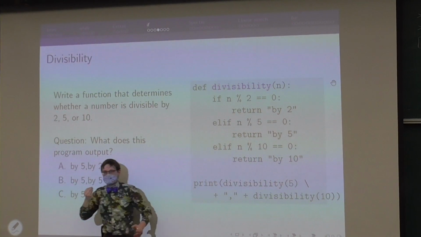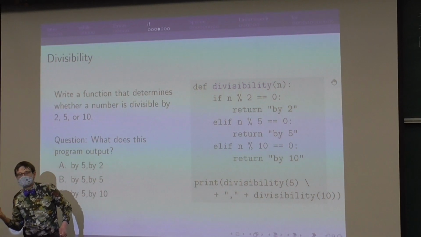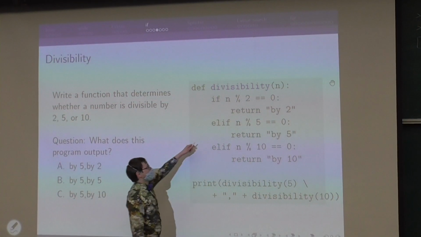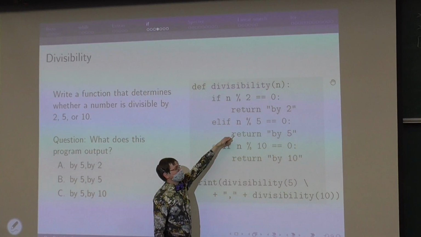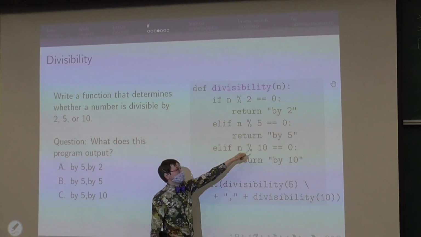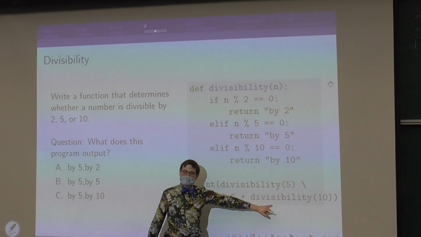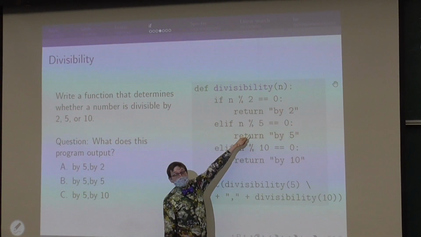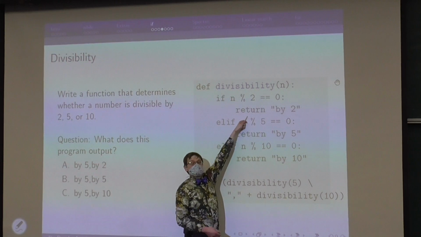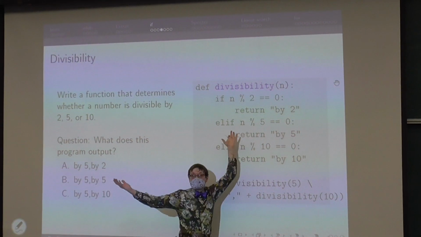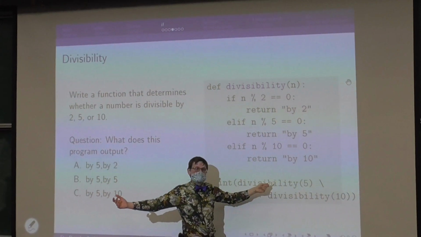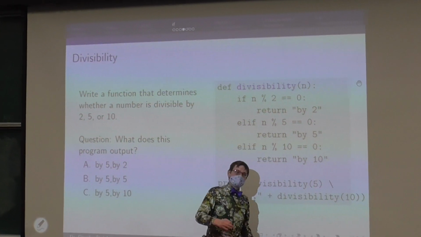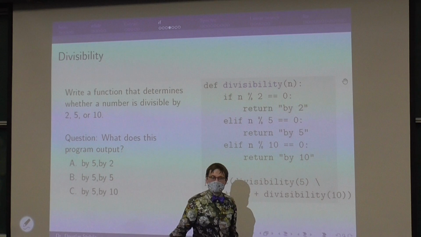Even if these weren't return statements, for the 10 case, it doesn't even test these. It hits this one, it passes, and it's done. It doesn't care about these ones. That's the nature of it, that's why they're exclusive cases, right? That's why it's else if, right?